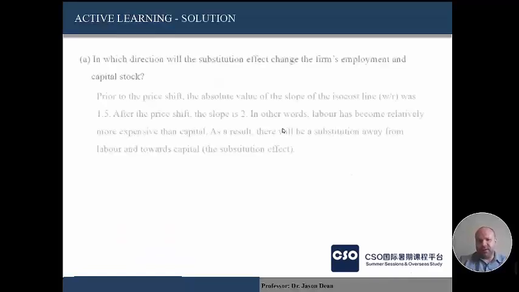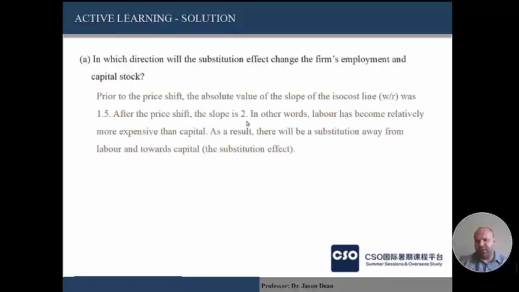So they've increased from 1.5 to 2. So labor has become relatively more expensive than capital. So holding constant the scale effect, then we would expect the firm to want to substitute away from labor and towards capital. So here we have L falling, capital increasing.